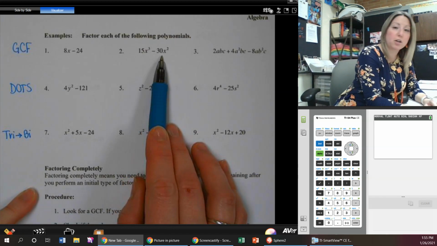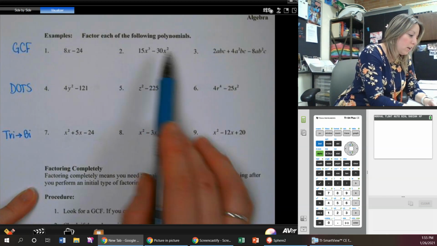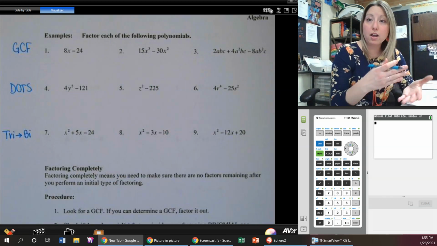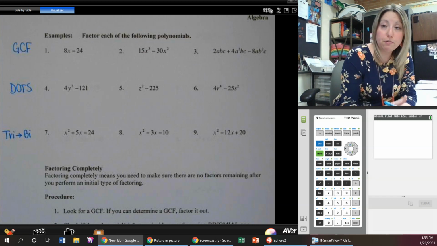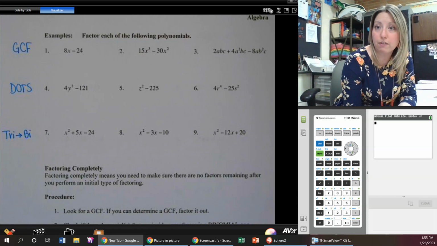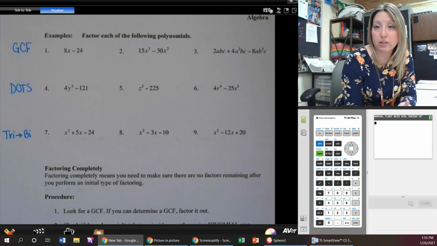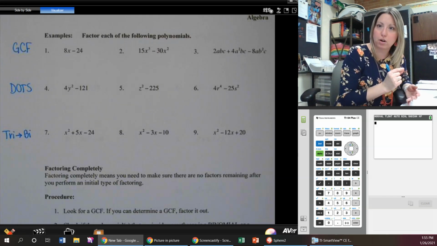So I'll start right here because typically having variables can be a little challenging for people in GCFs. So greatest common factor is what can all the current terms evenly divide by? I know that 15 and 30 both evenly divide by 15. I know that x cubed and x squared both evenly divide by x squared because it's the biggest number of x's I can take out of everything present.